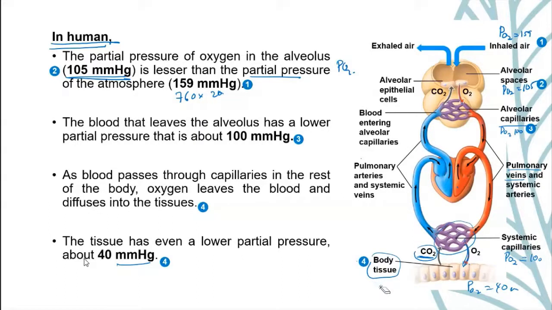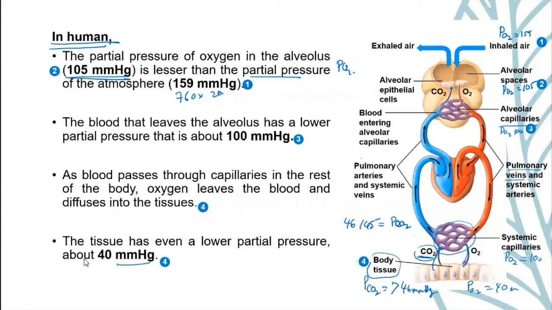The partial pressure of carbon dioxide is more than 46 millimeters of mercury, which is higher compared to the partial pressure of carbon dioxide in your blood capillaries, which, if I'm not mistaken, is 46 or 45.